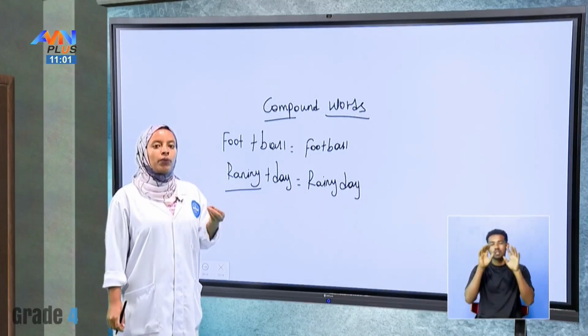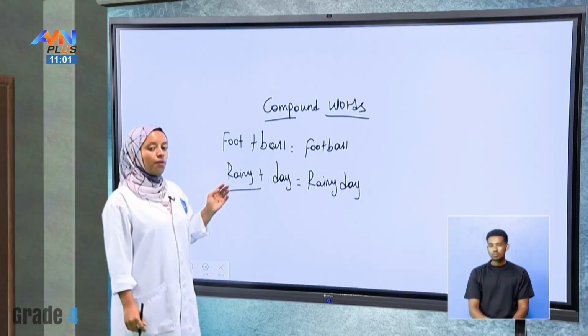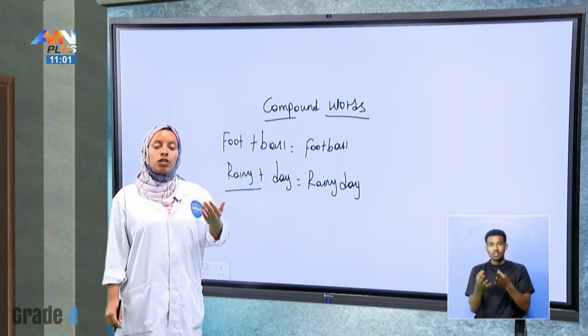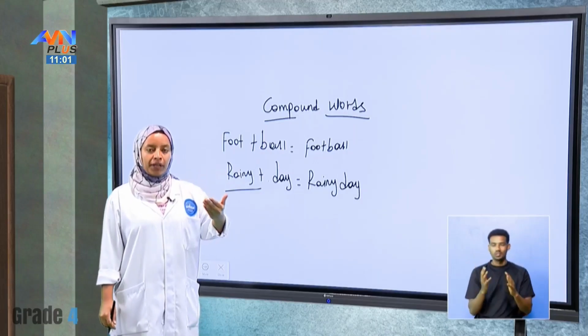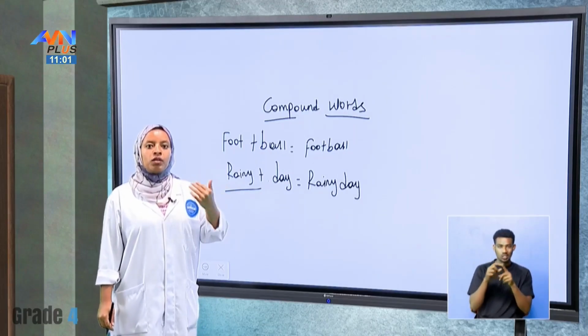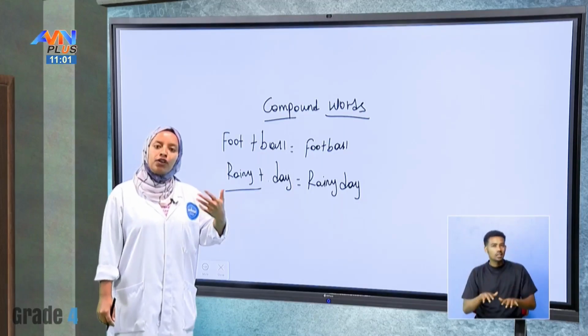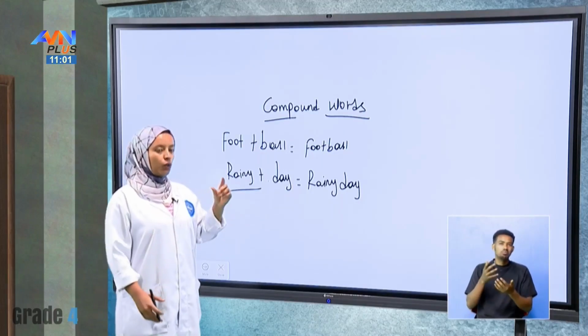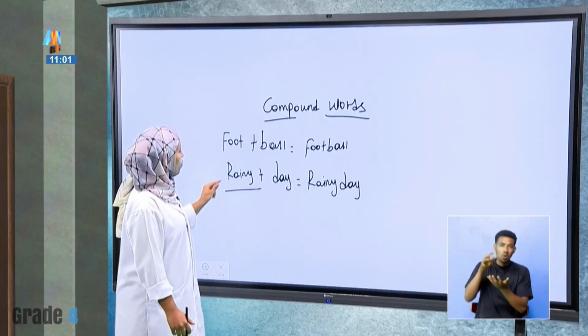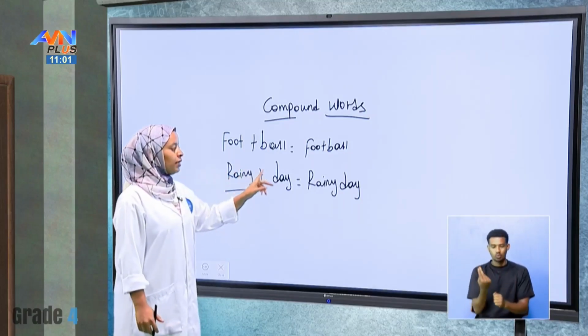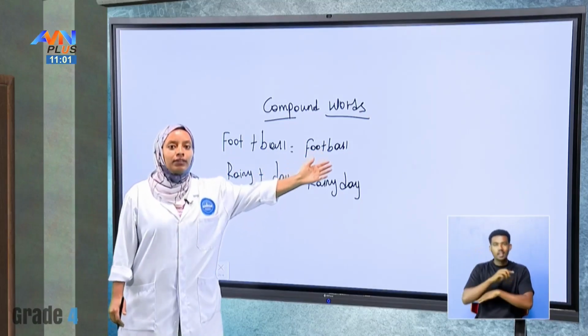When we come to weather, we can describe the weather condition by using these words. Like today, it may be sunny, it might be rainy, and also it might be foggy and cloudy. These are the words. So we can use the word rainy plus day. It becomes rainy day.